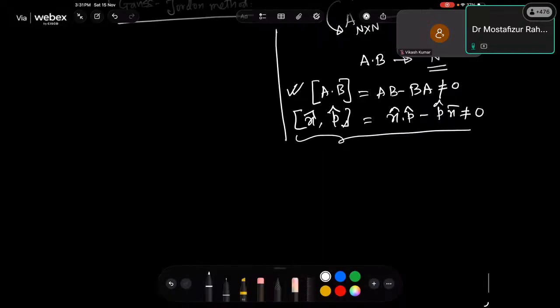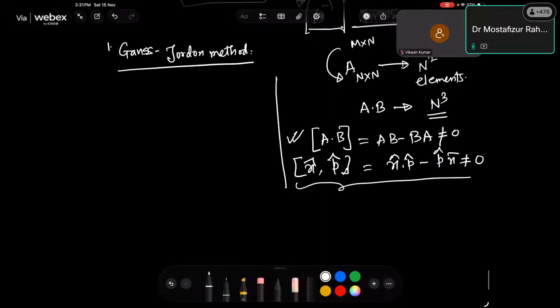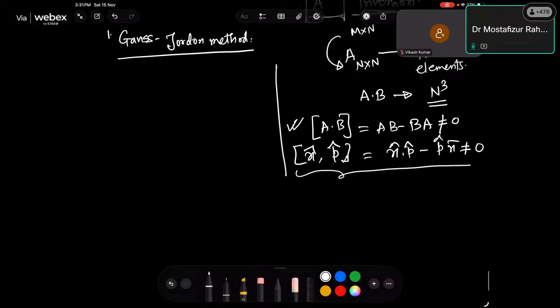Now, if you want to calculate the n square elements, that means I have this many elements. If it is a 3 cross 3 matrix, that means 3 square, that is 9 elements here, right? Now, can I do some sort of conversion?